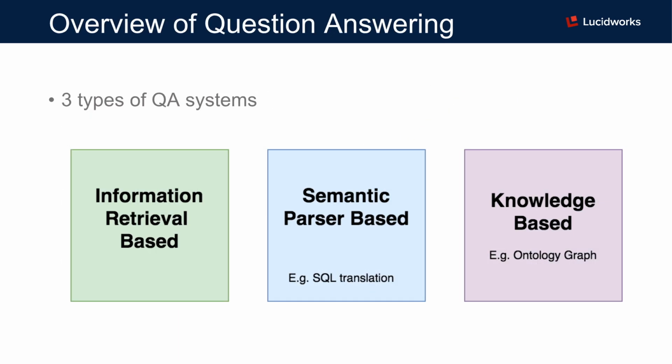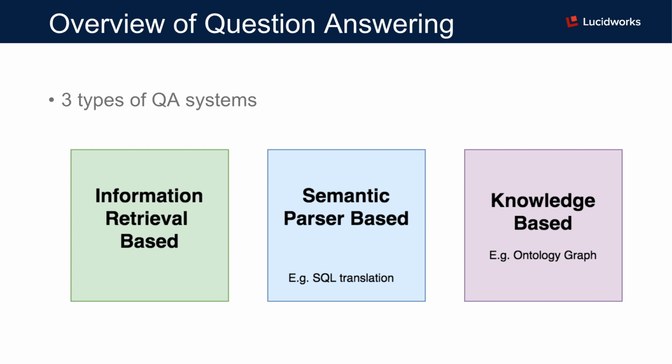A question answering system can be categorized into 3 classes. The first class is information retrieval based. These are systems where you search for answers in unstructured documents. The second type is a semantic parser-based system where you convert natural language queries into SQL queries and query a relational database. For example, what is the stock price of Apple today?